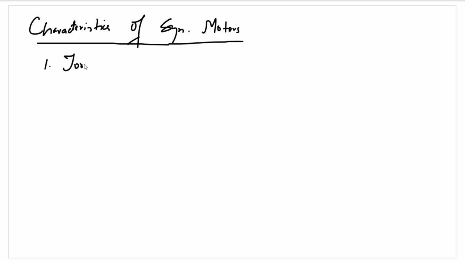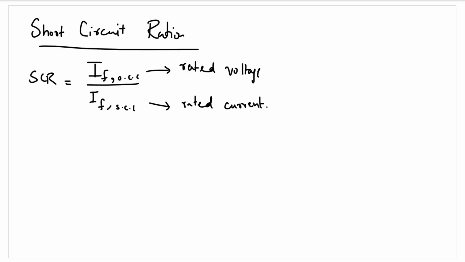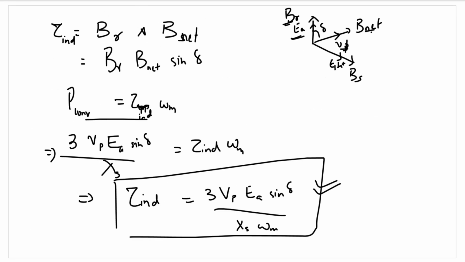First characteristic is the torque speed characteristics. We derived this equation in the previous session, where torque induced is equal to 3 Vp Es sine delta divided by Xs omega m.